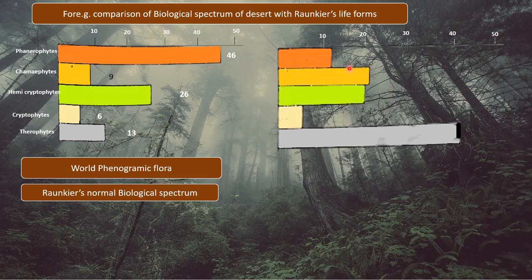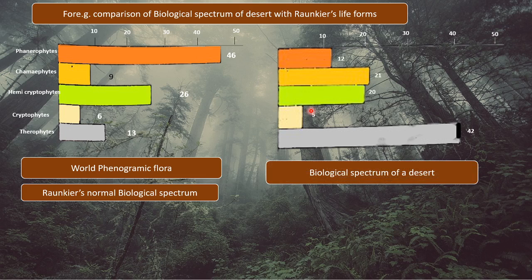Now, this graph that you see is the biological spectrum of a desert area. Right, this is a comparison of the biological spectrum of the desert area that we have studied with the biological spectrum of the world prepared by Raunkiaer. So we have to make this comparison. So this is the biological spectrum of a desert.